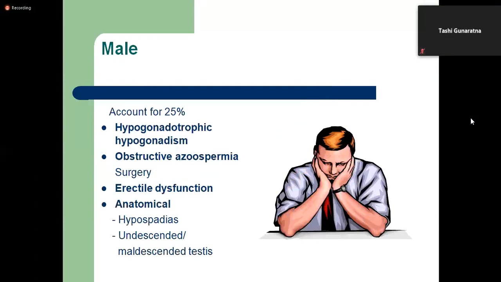Now we will talk about the etiological factors in males. As I said, 1/3 of the reasons may be due to a male factor. Basically, the major concern is sperm quantity and quality.